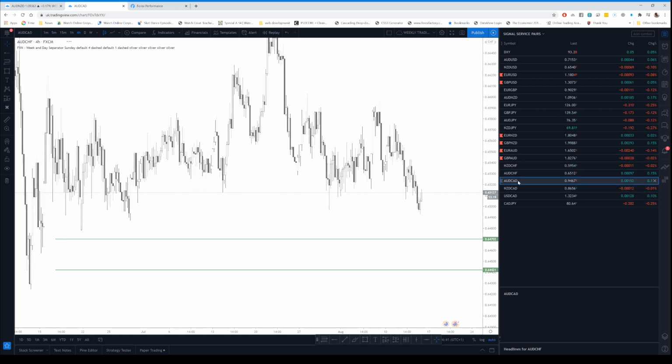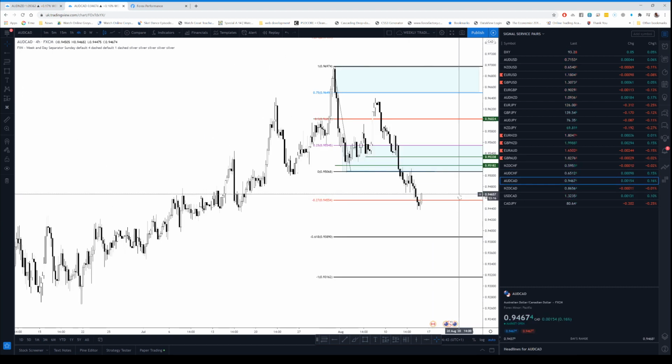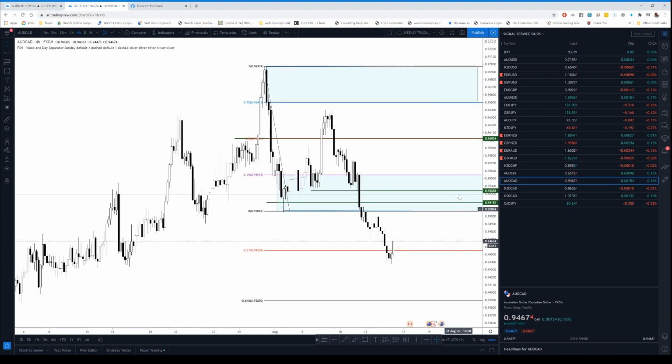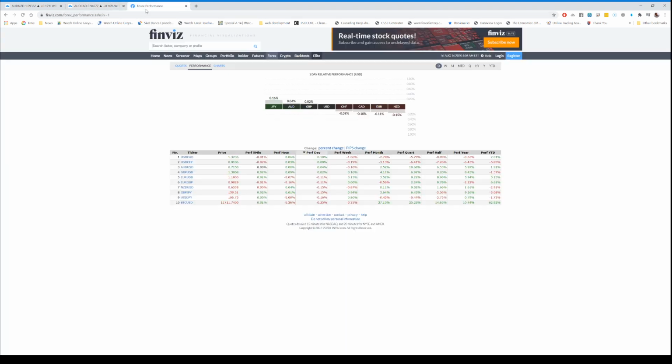All right. Okay, that's Aussie Cad. I think there's a bit of retracement on Cad. Let's have a look. Yeah, today Cad has dropped down as almost the weakest pair, and yen is up there, but on the weekly Cad is still strong.